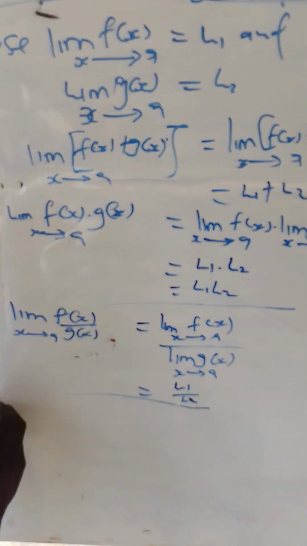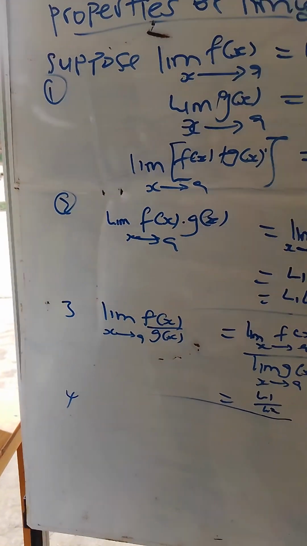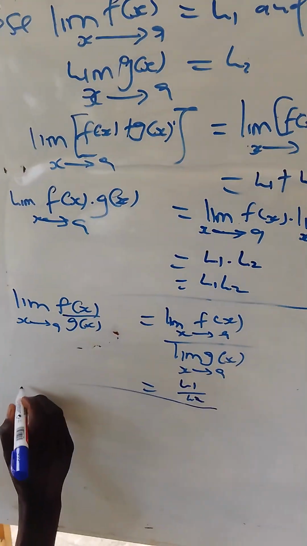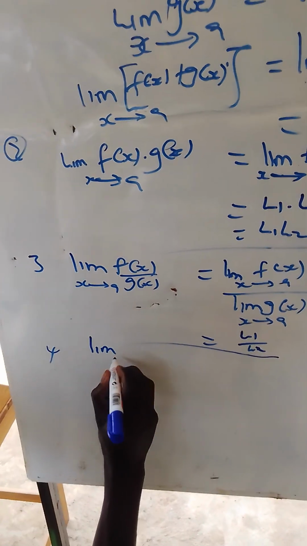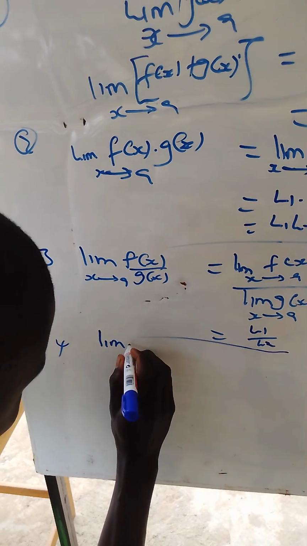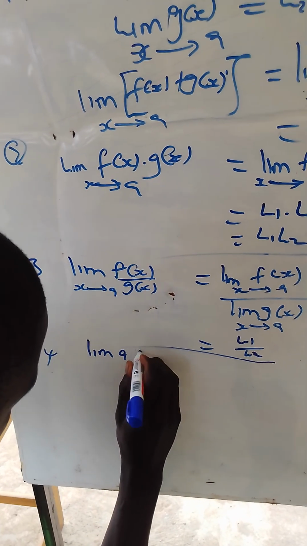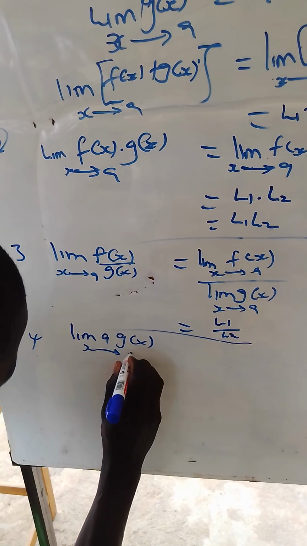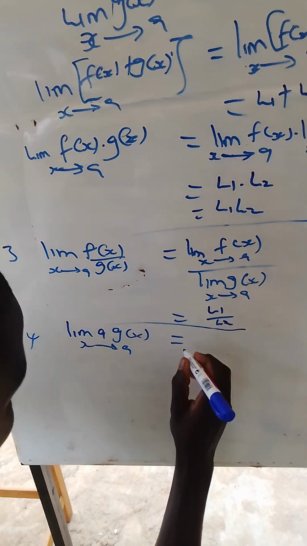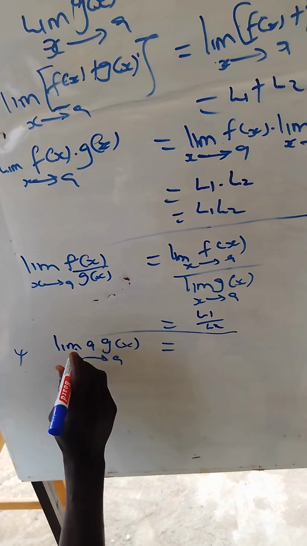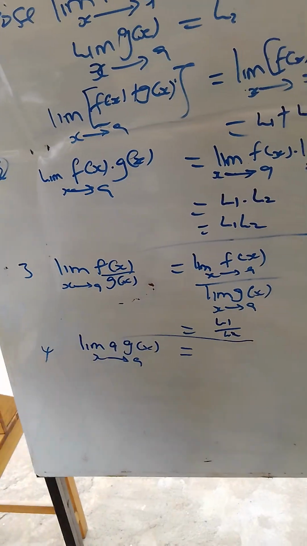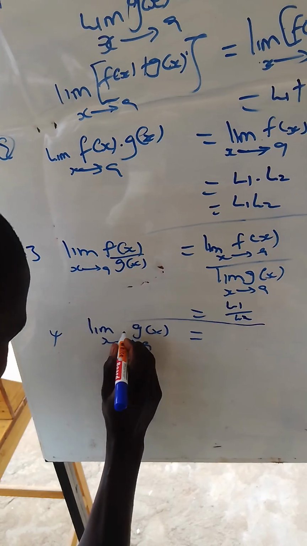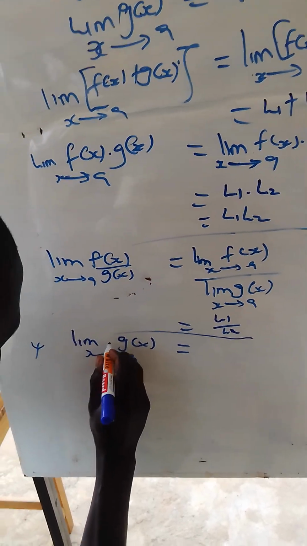Let's look at the next one. For the limit of any constant times g of x for x tending to a, this a is a constant, okay, let's use a different letter. Suppose we use m.